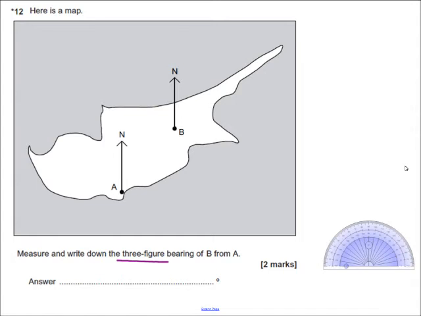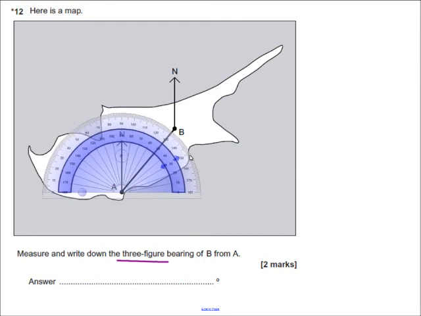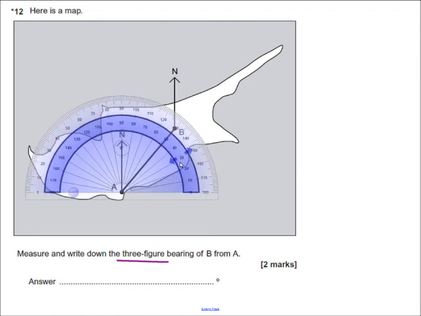So to help us measure that angle from A, we draw a line from A to B. We then place our protractor and the crosshairs on the centre of A and read off the angle that it goes to B.